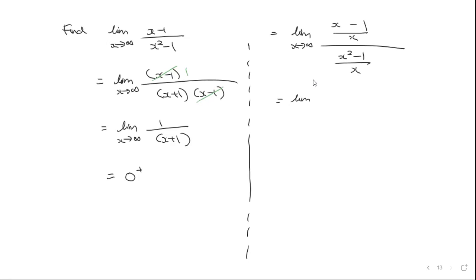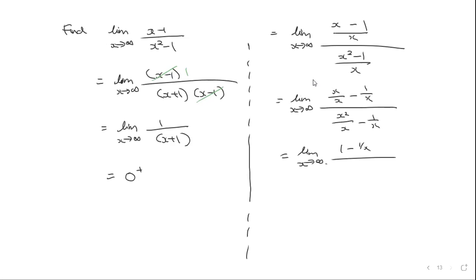Which means the limit as x approaches infinity of x over x minus 1 over x, all over x squared over x minus 1 over x, which means you'll get 1 minus 1 over x, all over x minus 1 over x.